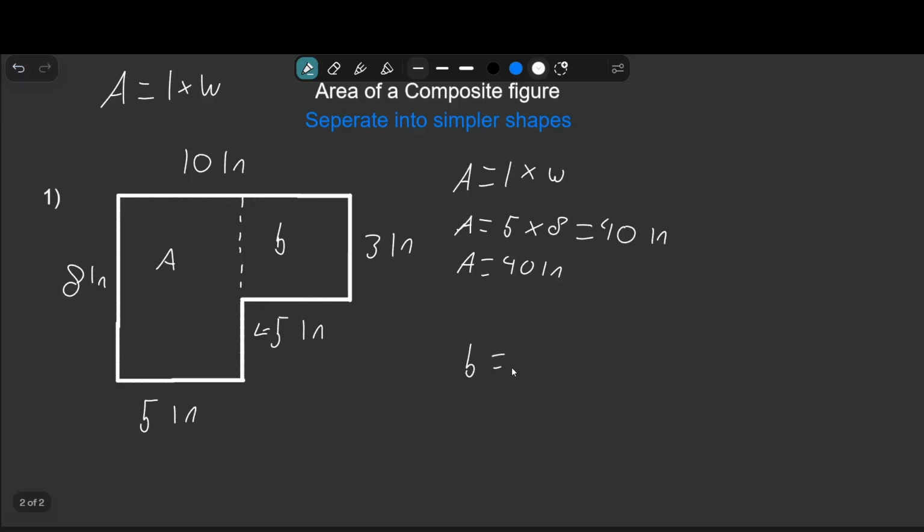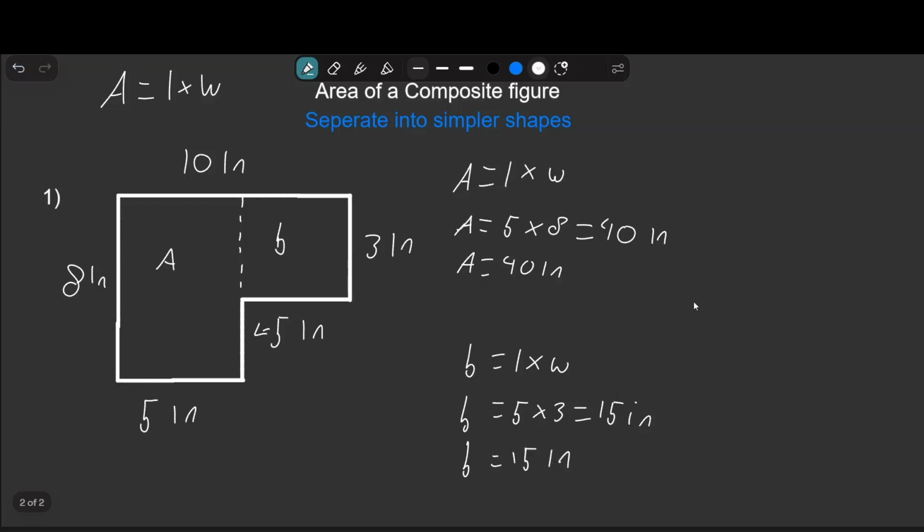So B equals length times width. That means B equals 5 times 3, which gives you 15 inches. So B equals 15 inches.